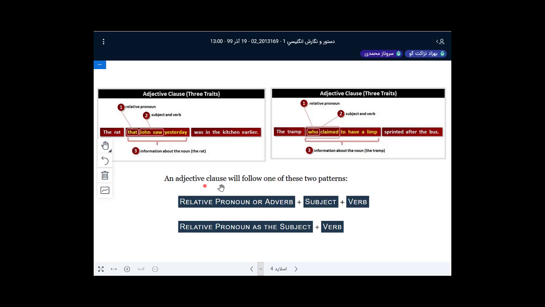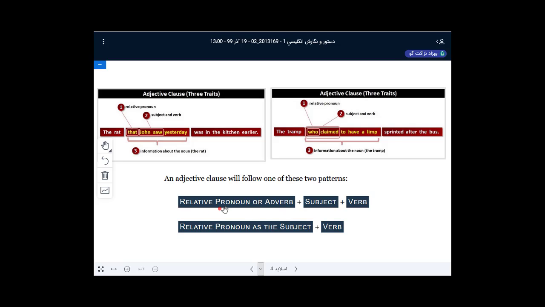As you see, adjective clauses will follow one of these two patterns. From now on, we will have either a relative pronoun or a relative adverb. If we have a relative adverb, immediately after that we expect to see the subject and verb. So the relative adverb plus subject and verb. This is one way.